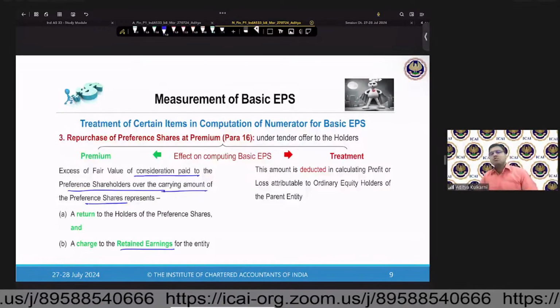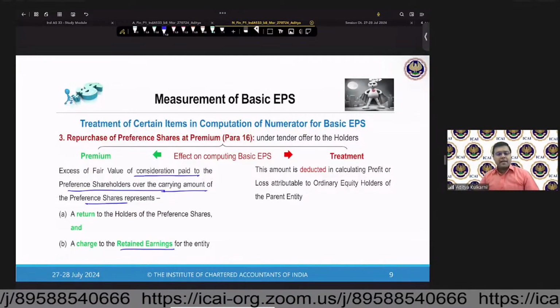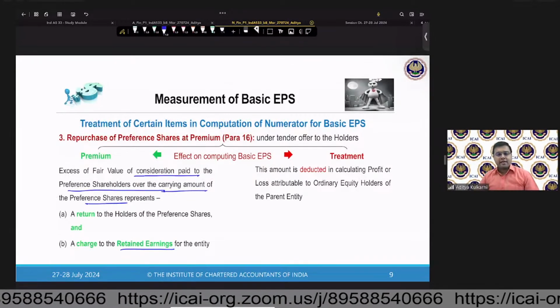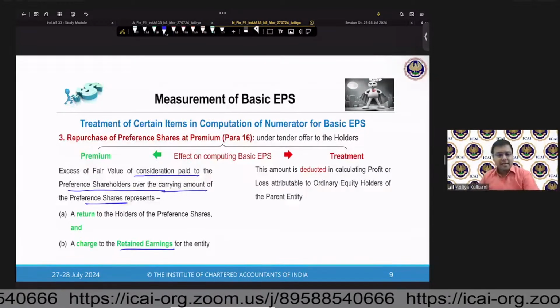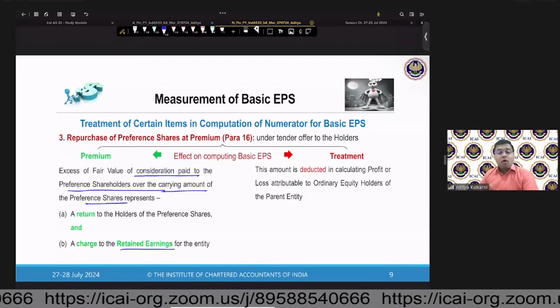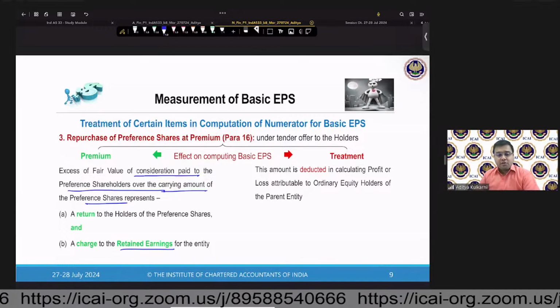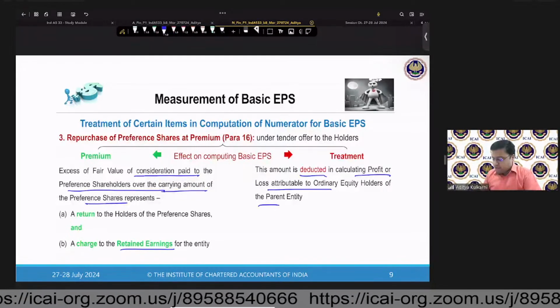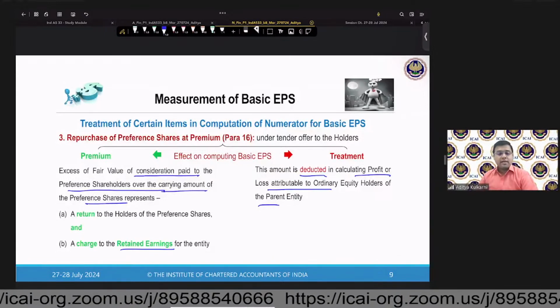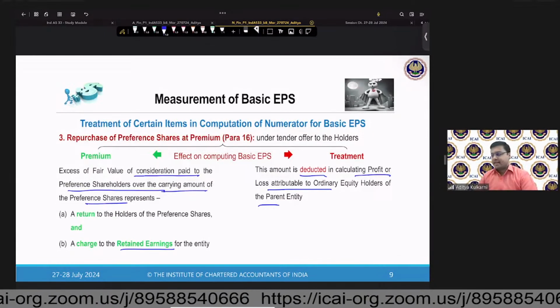I normally do not take it into the P&L. I charge it off to the retained earnings and securities premium as the case may be, it does not come to the P&L. But how do I treat it for the purposes of EPS? I have to deduct it in calculating profit or loss attributable to ordinary equity holders of the parent entity.